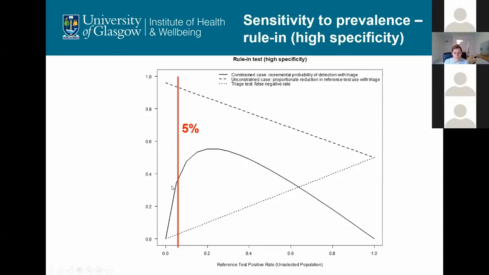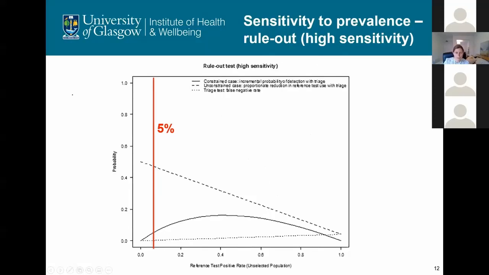You can see that right along the prevalence range, we're delivering more positive cases than we would with a reference test strategy. The dashed line is in the unconstrained case, what's the proportionate reduction in reference test use with triage? So you can see with the rule-in test, we're delivering very high reductions in reference test use. And then this is the false negative rate.